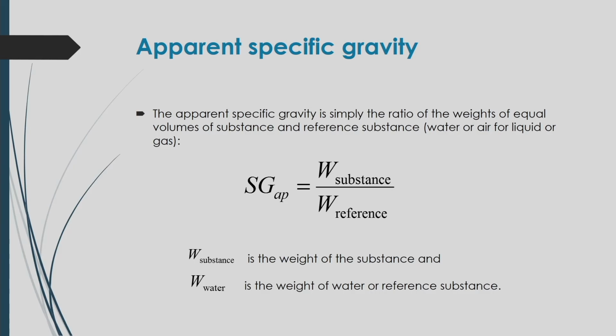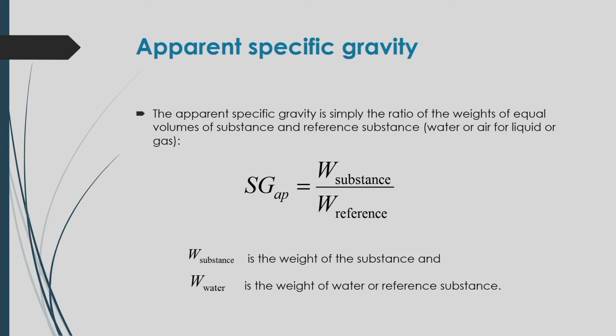Another way of process calculation is by different process variables, like apparent specific gravity. In this case, the apparent specific gravity is simply the ratio of the weights of equal volumes of the substance and a reference substance, water or air for liquid or gas.